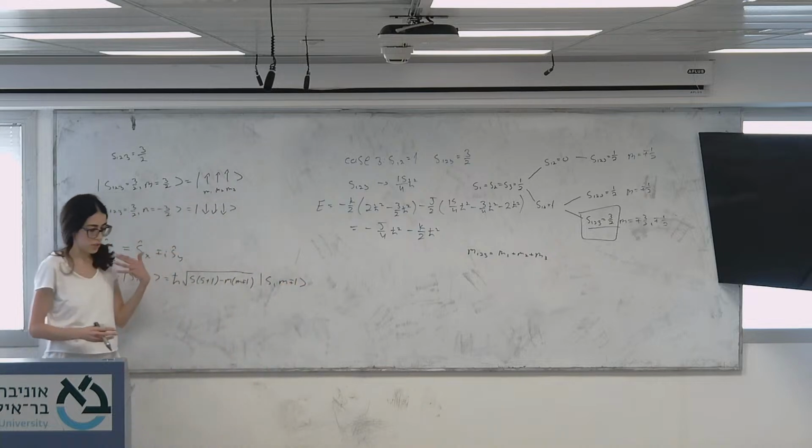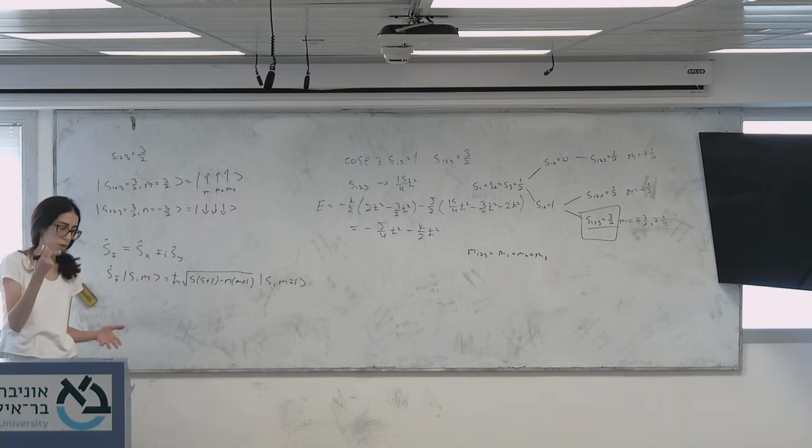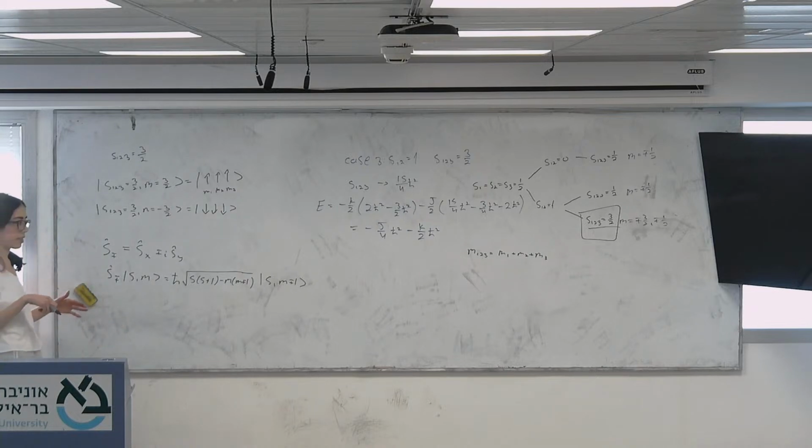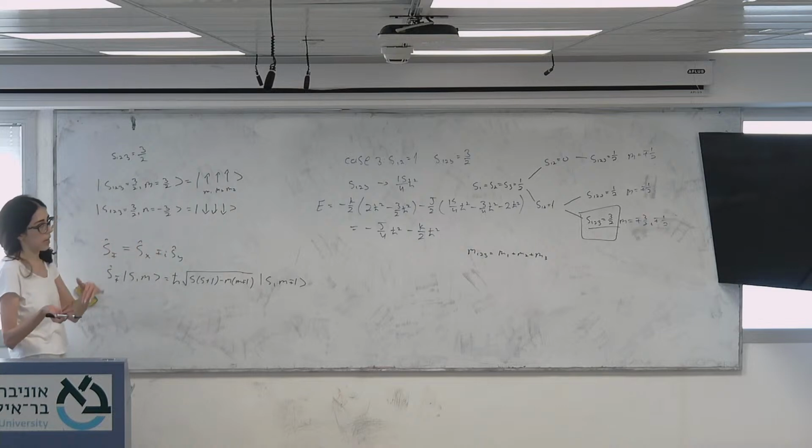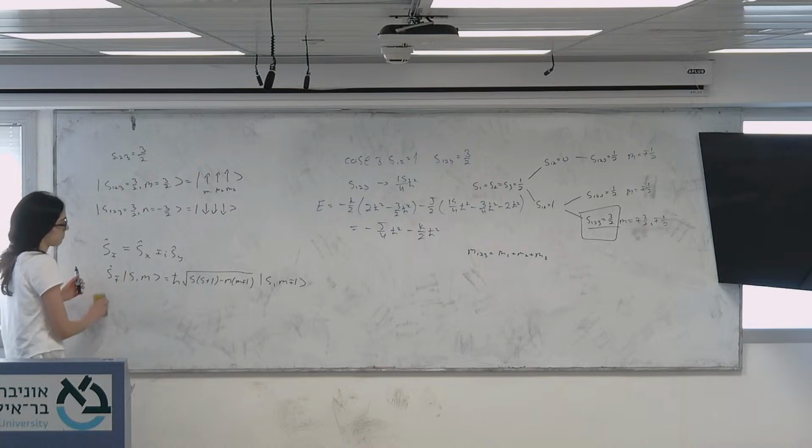So S plus is going to take M to M plus 1, and S minus is going to take M to M minus 1. So if we use S minus on that state, we're going to get another eigenstate of the system.